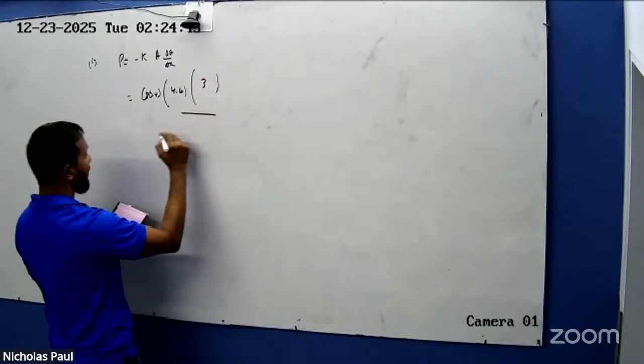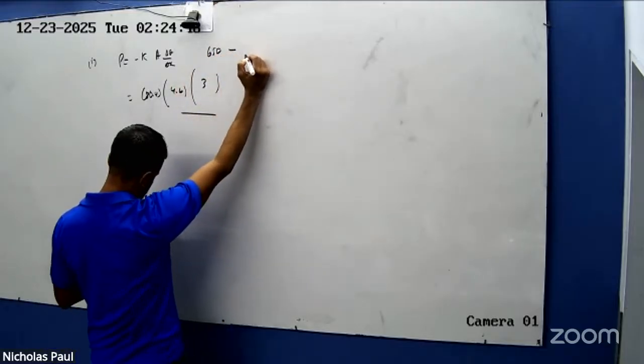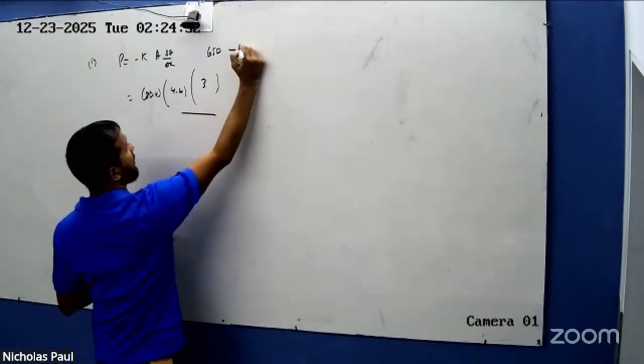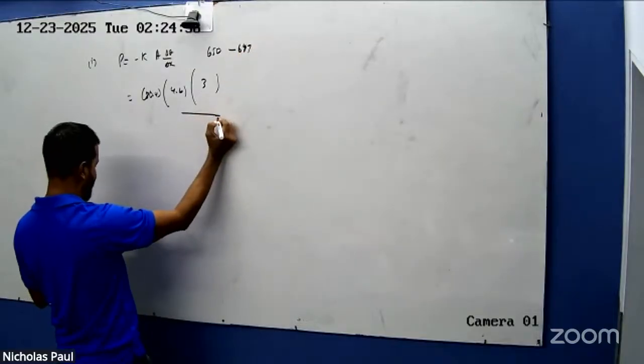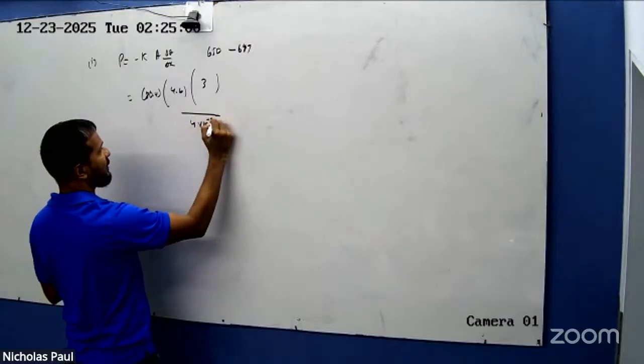Because it went from 650 to 647, right? And the thickness was 4 by 10 to the minus 3.